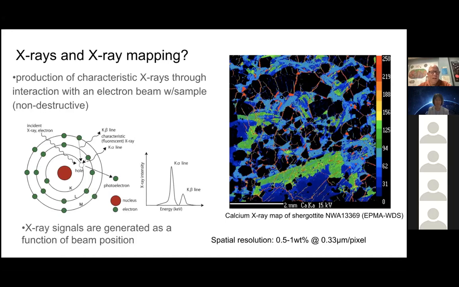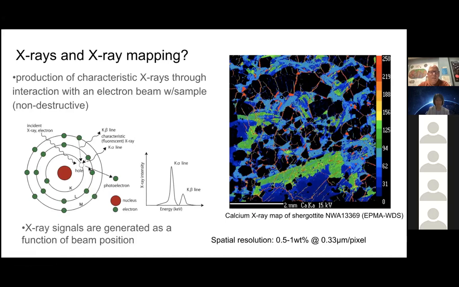During that interaction, as we can see in this cartoon on the left, an incident beam coming in from the electron gun of the instrument can knock out an inner shell electron from its orbital. And we can see that happening here.